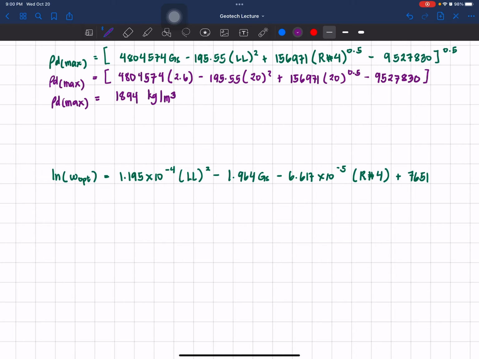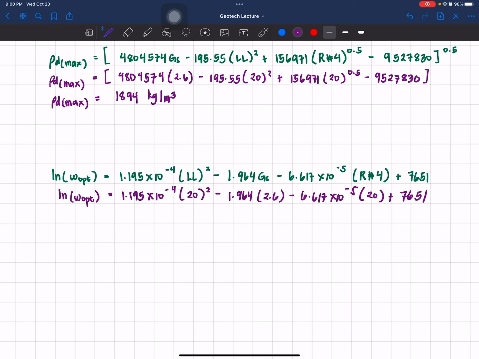We have ln of the optimum moisture content equal to 1.195 times 10 to the negative 4 multiplied by the liquid limit, which is 20 squared, minus 1.964 multiplied by 2.6, minus 6.617 times 10 to the negative 5 multiplied by 20, plus 7.651.